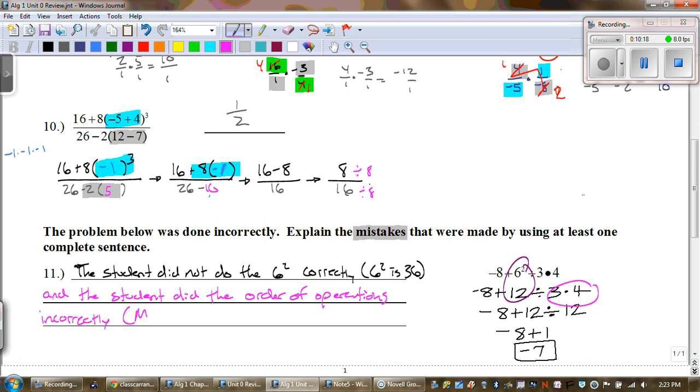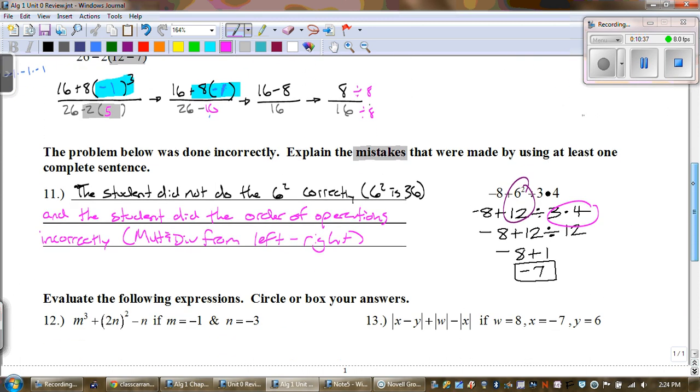And that part was the multiplication and division from left to right. That's how it should have been. All right, let's move on.